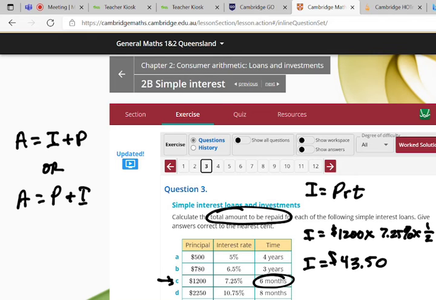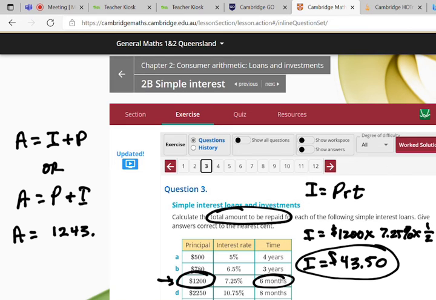So, Xavier, could you tell me then, if you add the interest to our original principal amount, what is our total amount to be repaid going to be? Perfect. There you go. So again, pay attention to the question that's being asked. If they're asking for the total amount paid, that means you're going to have to add those two figures together to get your final answer.